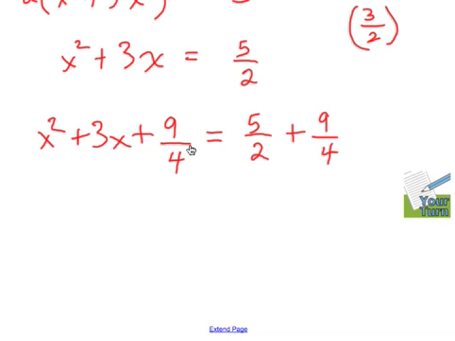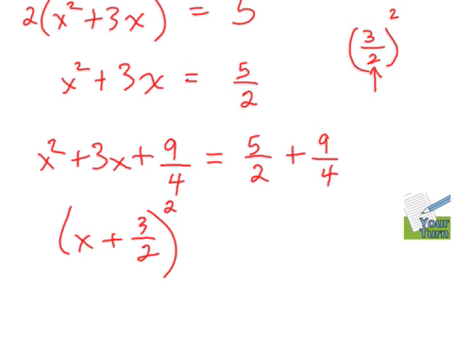Okay, so on this side, I factor, and notice what always happens when you factor this, that this number here is always whatever you had right there. Whenever you take this number and divide it by 2, that's the number that goes here, just before you square it.